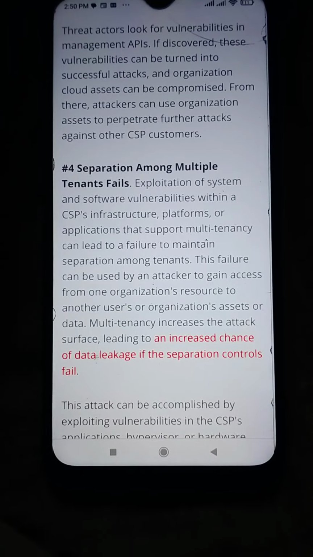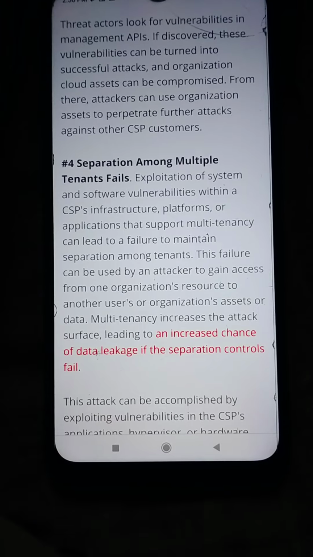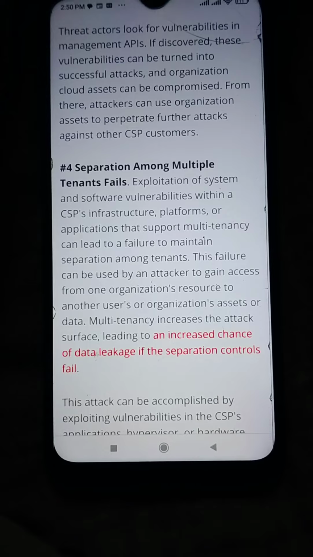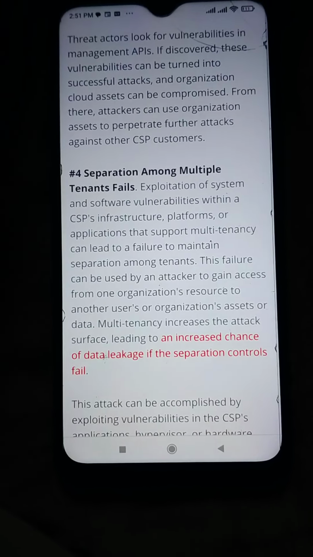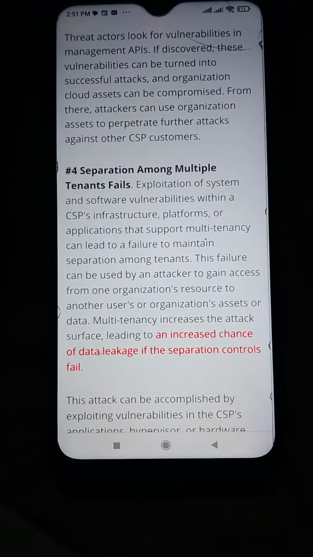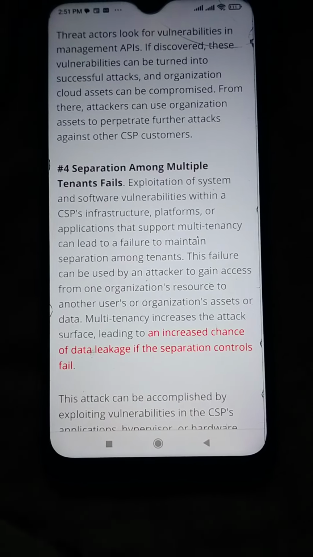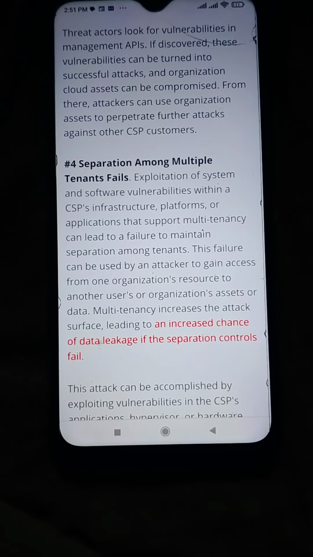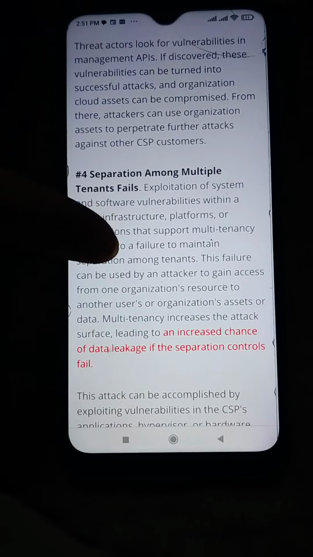Exploitation of system and software vulnerabilities within a CSP's infrastructure, platforms, or applications that support multi-tenancy can lead to a failure to maintain separation among tenants. This failure can be used by an attacker to gain access from one organization's resources to another user's or organization's. Multi-tenancy increases the attack surface, leading to an increased chance of data leakage if the separation controls fail.